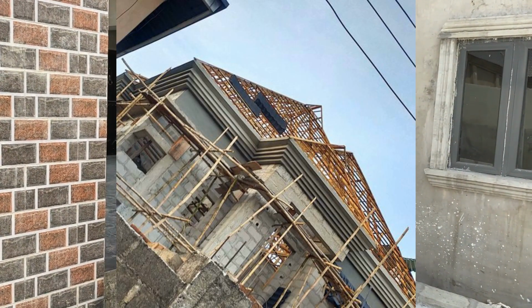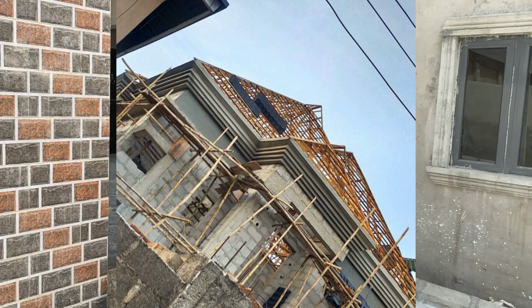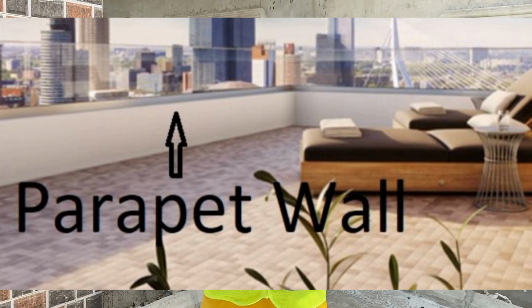From the roofing level, you can also do your parapet designs and the concrete fascia. The concrete fascia is different from the parapet design. Most people misunderstand this, but you can look and see that this is the concrete fascia and this is also the parapet design. After then, you can also choose to do the roofing for your building projects.